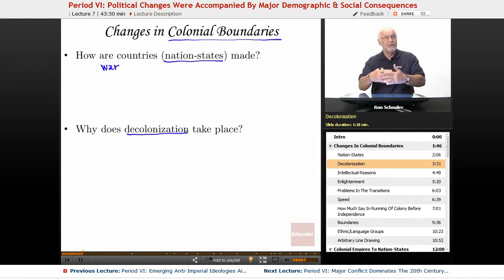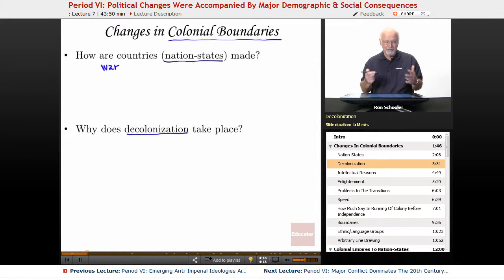We know that in this period of time, 1900 to present time, especially in the middle of the 20th century, we see decolonization, where colonies get their independence, and we see colonies disappearing like crazy, to the place where if I ask you, name a colony, you may be able to do it, but you'd have to stretch it, and you couldn't point out large areas of the world being colonies, as was the case certainly before 1900.